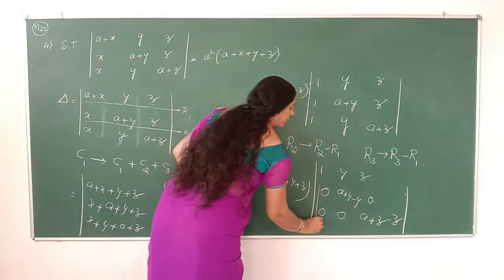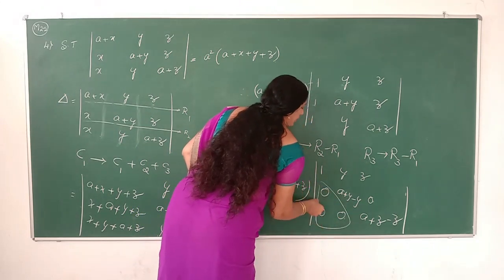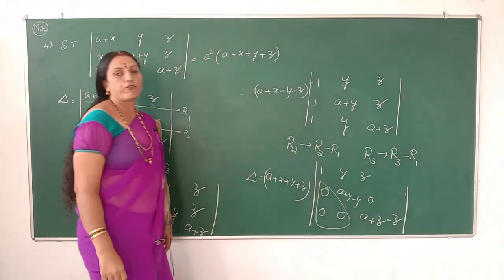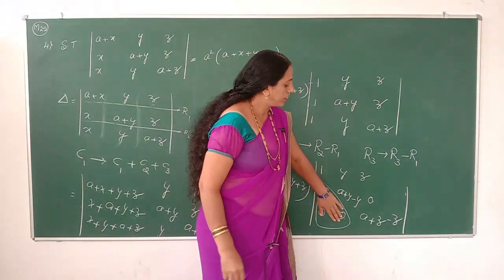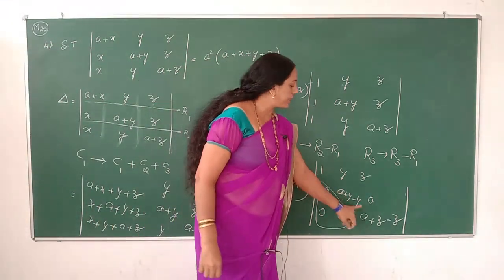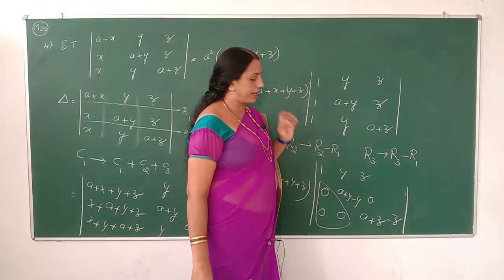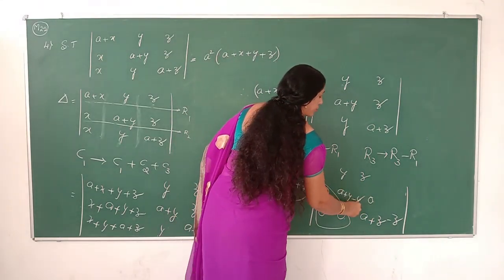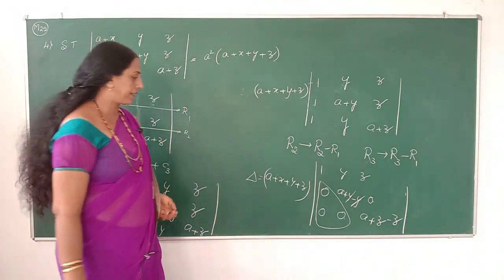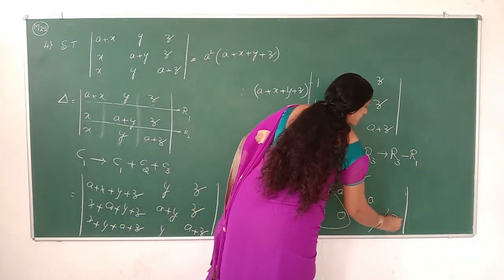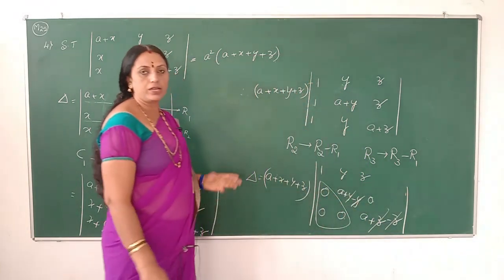After that, by using the properties of the determinant, if all the elements on one side of the diagonal are 0, then the value of the determinant is the product of the diagonal elements. We can also simplify the diagonal: in a plus y minus y, the y terms get cancelled. Similarly, in a plus z minus z, the z terms get cancelled.